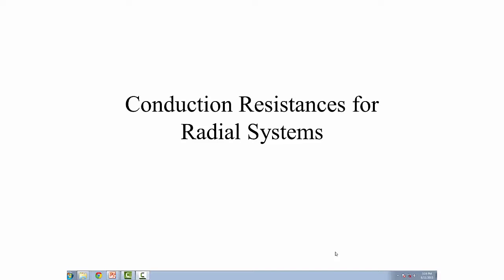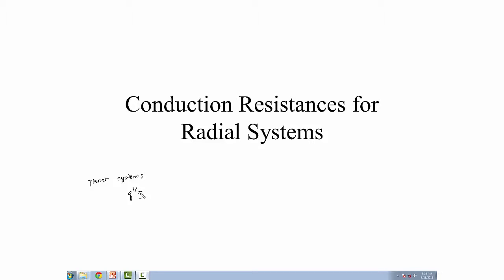So here we're going to be talking about conduction resistance for radial systems. If you recall, for planar systems, we talked about a conduction resistance. Let's just remind ourselves.